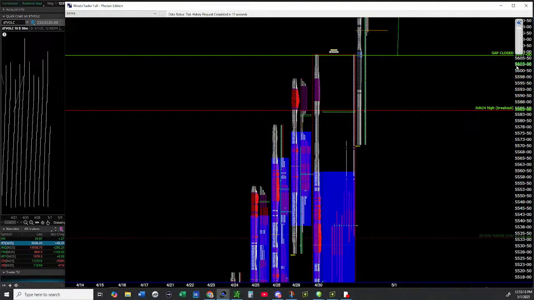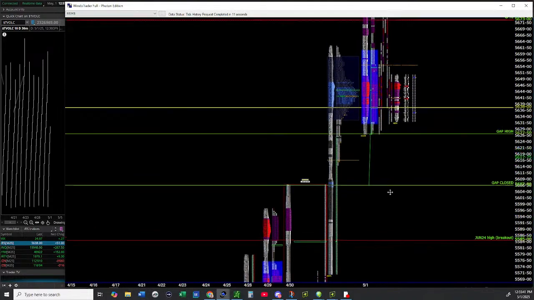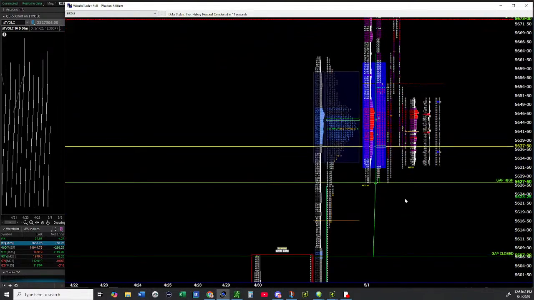These options, the 5600, those were like one point. Before this activity, before what happened here, they went all the way up to 10, 12, I believe. That was some crazy activity there.